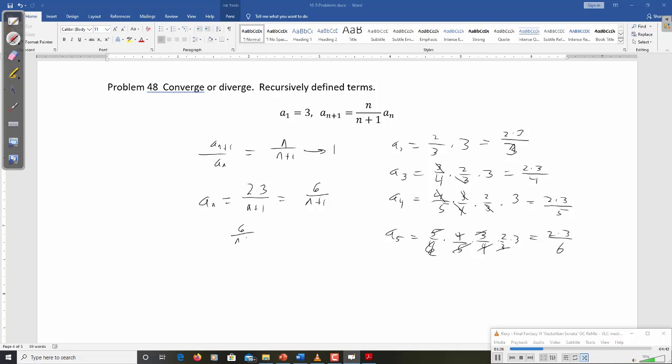So 6 over n plus 1 over 1 over n is 6 over n plus 1 times n, so 6n over n plus 1. That goes to 6. They have the same convergence or divergence. And 1 over n is a divergent p-series, so divergent by limit comparison test.